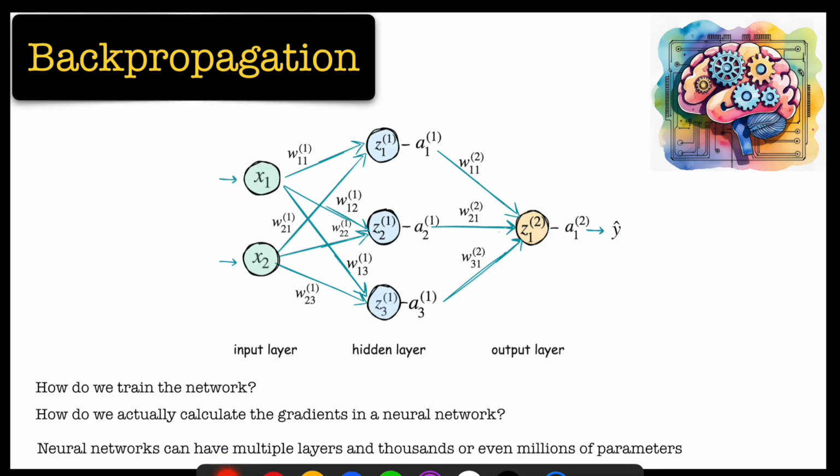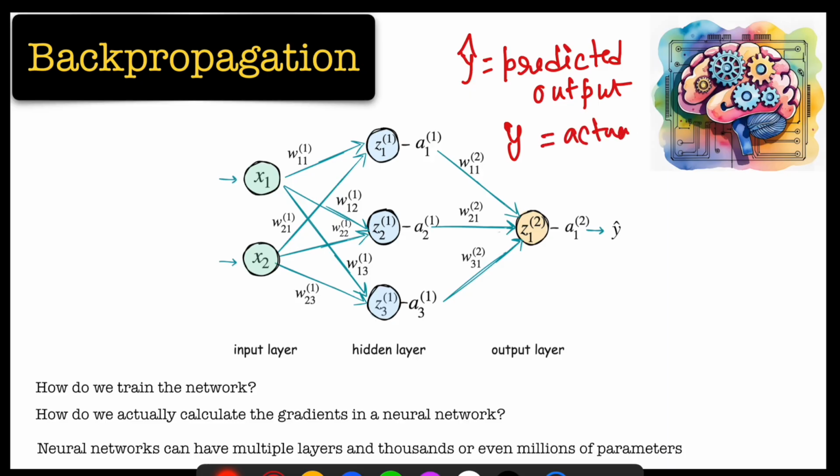So y hat is the predicted output, and we'll also have y, that will be the actual output. If you compare this actual output and the predicted output, we'll get some error.